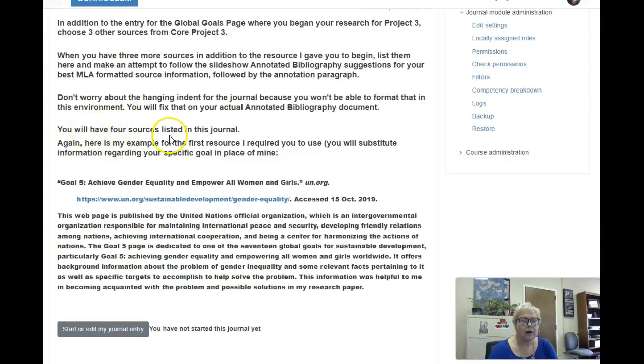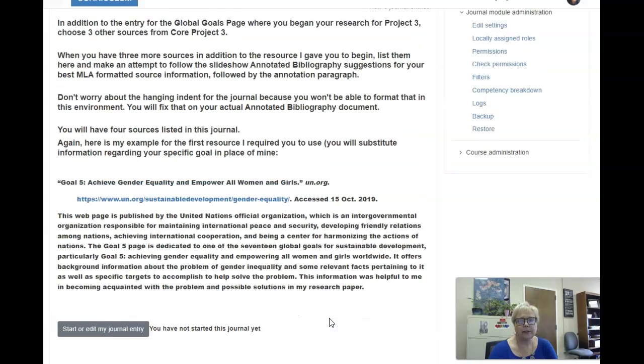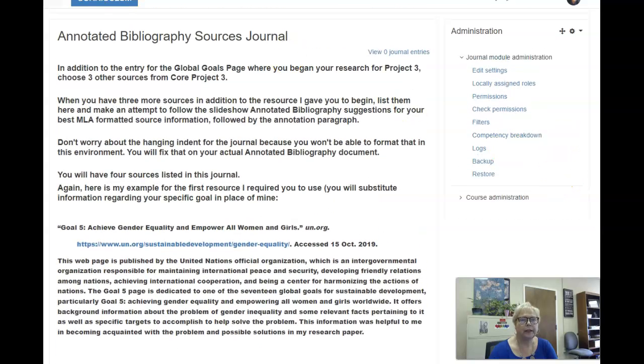So I want you to list all 4 of the sources in this journal and put this information, this annotation, under each one of your sources, and submit it, because that will be your grade for this week. I want to look at them and make sure that you've got your format right and you've got the necessary information you need in here. So that's what we'll be getting the grade on for this week.